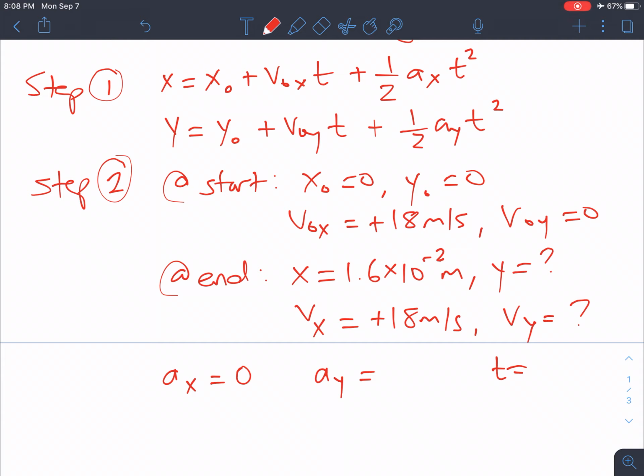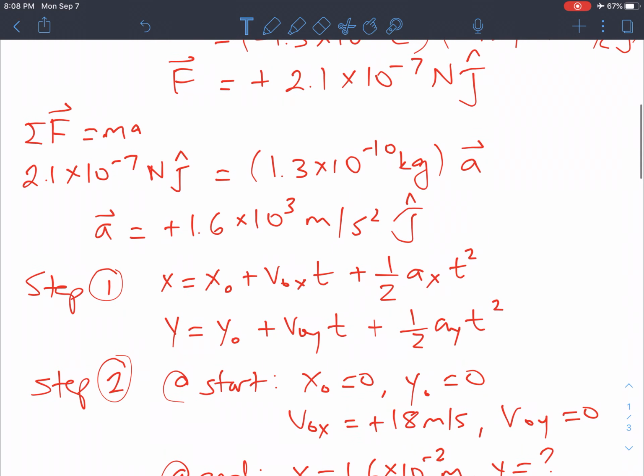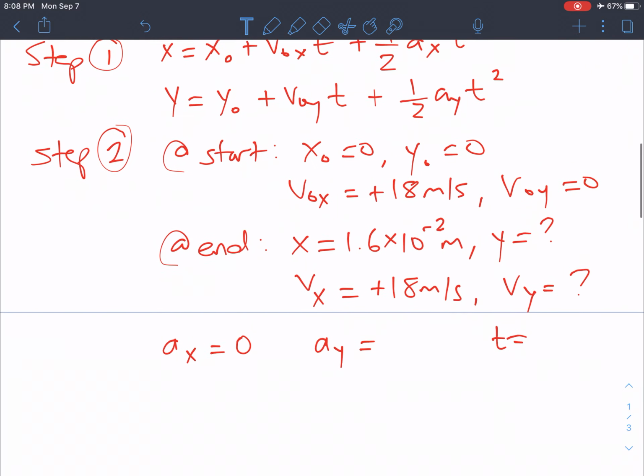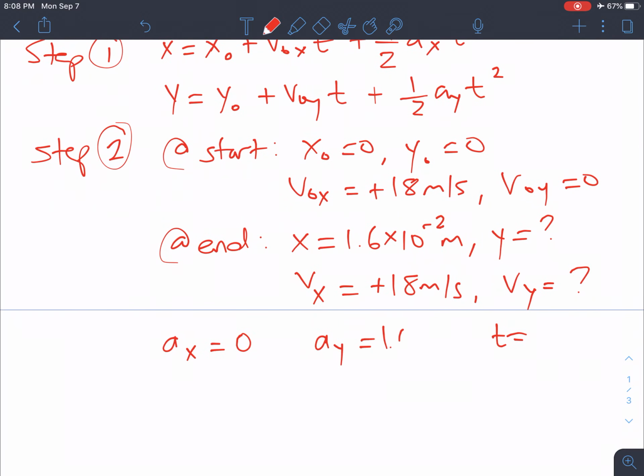You can see that v0x and vx are the same. And ay is 1.6 times 10 to the 3 meters per second squared, along the y direction, so that's what we're going to use. And the time is unknown.